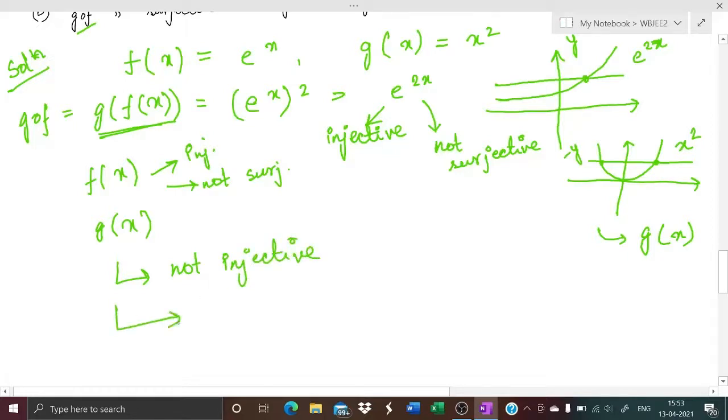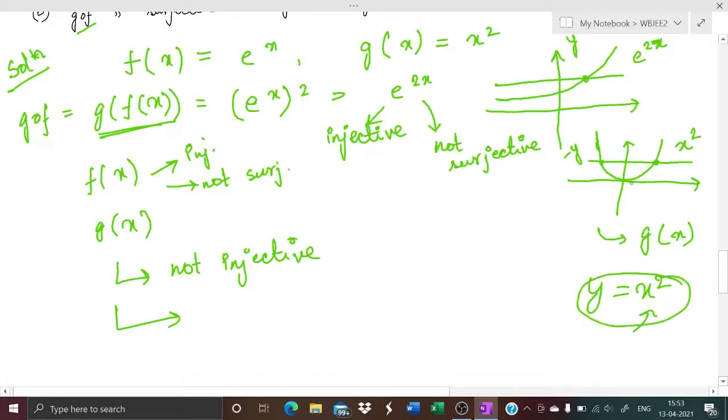Now we will check about surjectiveness. See the graph. In this graph you can see that the range is again only the positive values because y is equal to x square. Whatever value of x you put, you will be getting only the positive values.